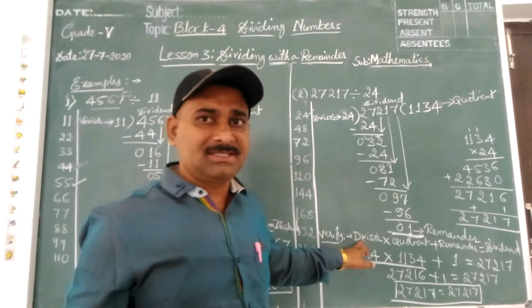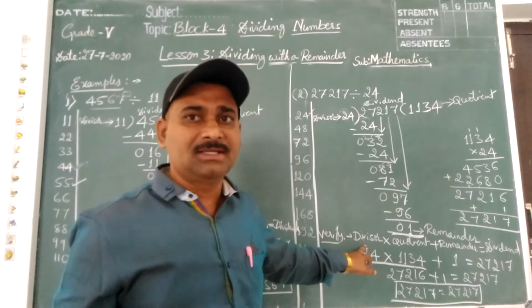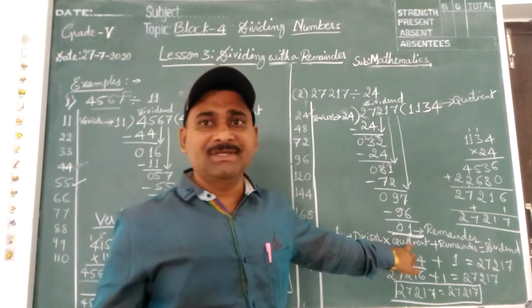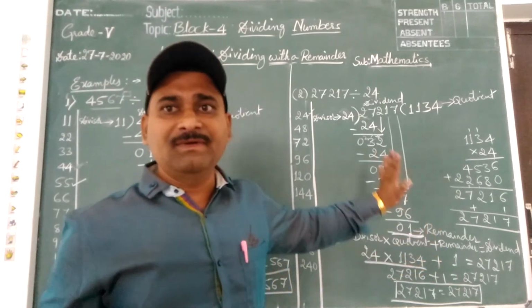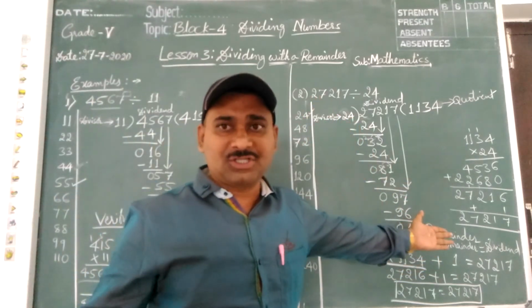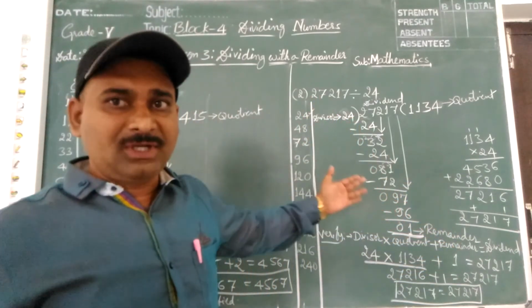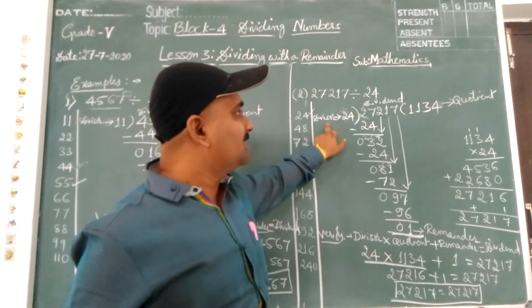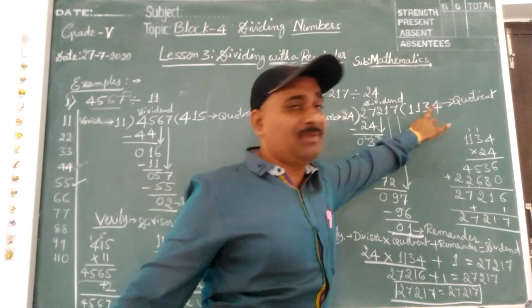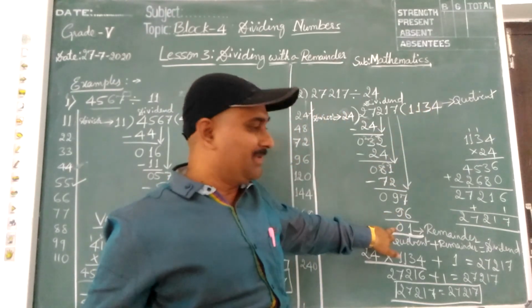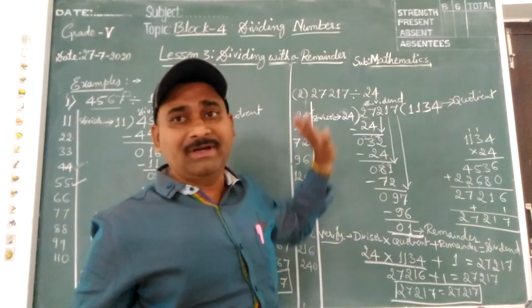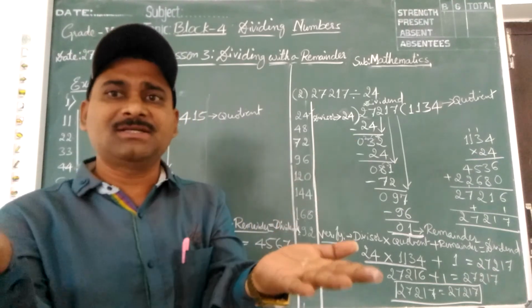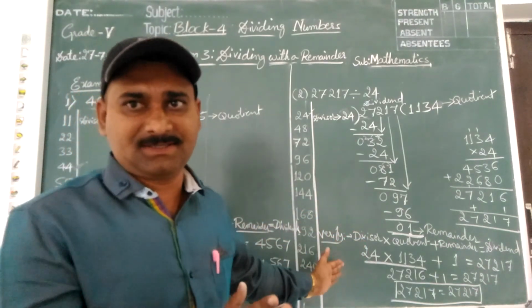In the last class there was no remainder, so multiplying divisor and quotient gave the dividend. Here we got one extra, the remainder. So we multiply divisor and quotient and add the remainder to get the dividend. You can check whether you are correct by this.